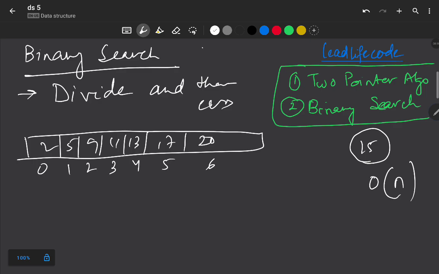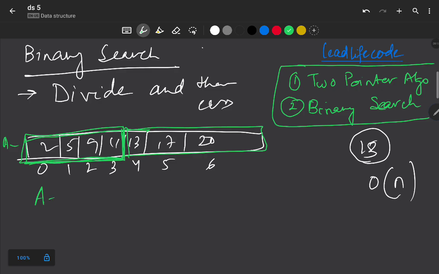Let us say we want to search 13. So now we found the first array is this, 0 to mid, 0 to 3, and the second array is this.